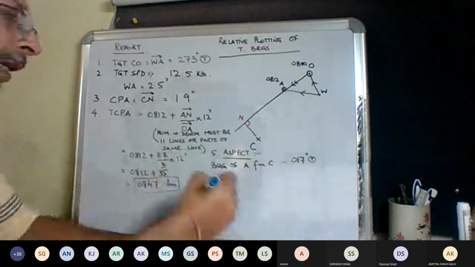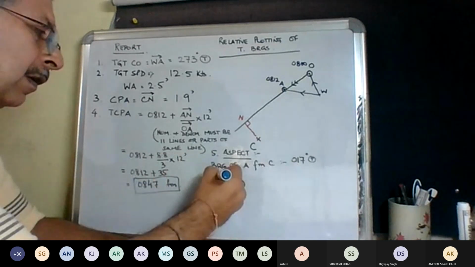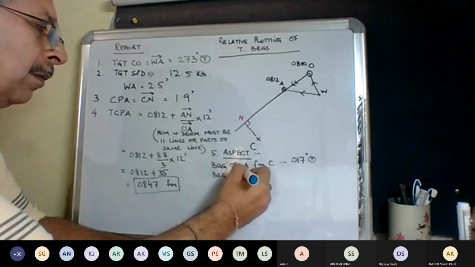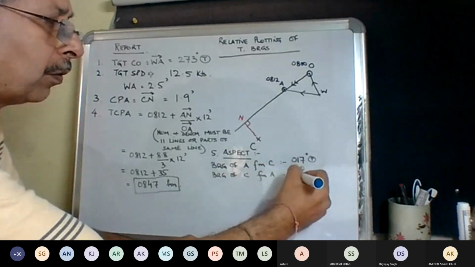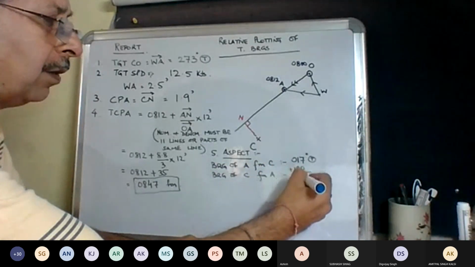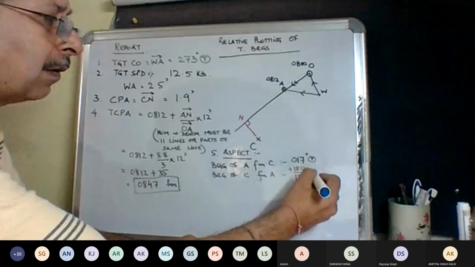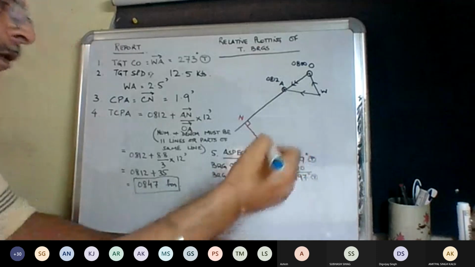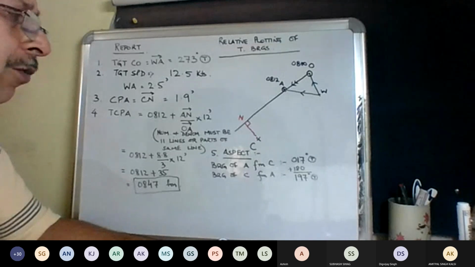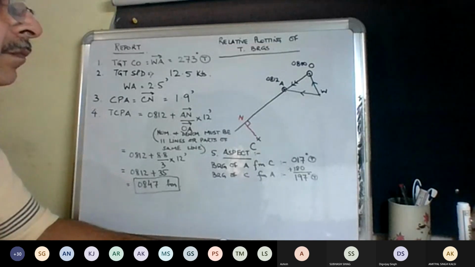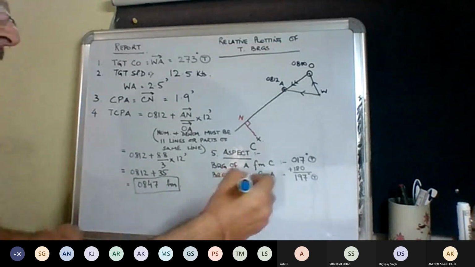Reverse this bearing, so therefore the bearing of Charlie from Alpha will be plus 180. It will become 197. This is the bearing of Charlie from Alpha, 197.